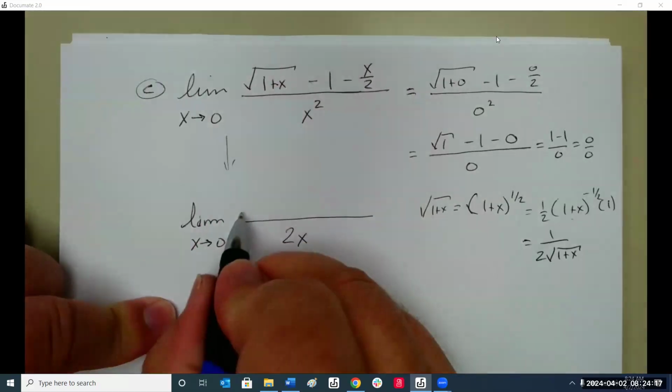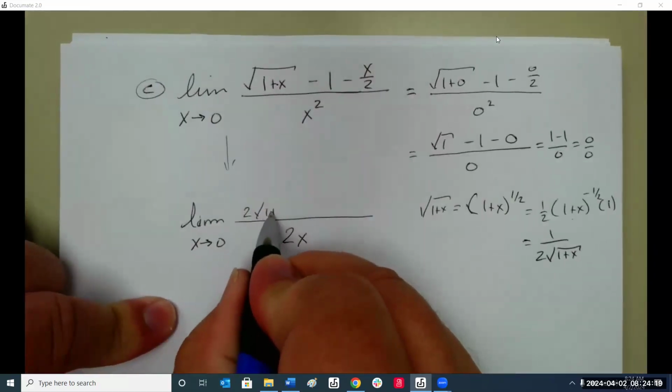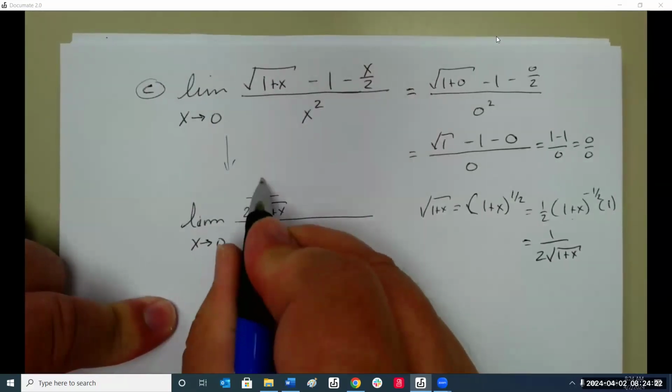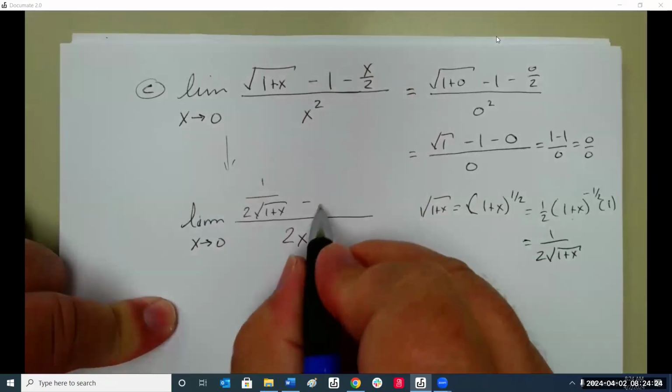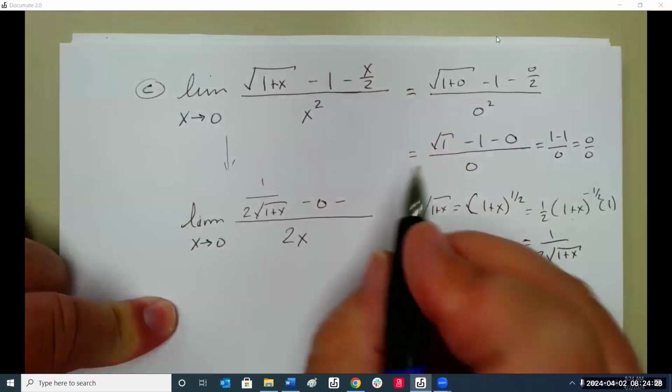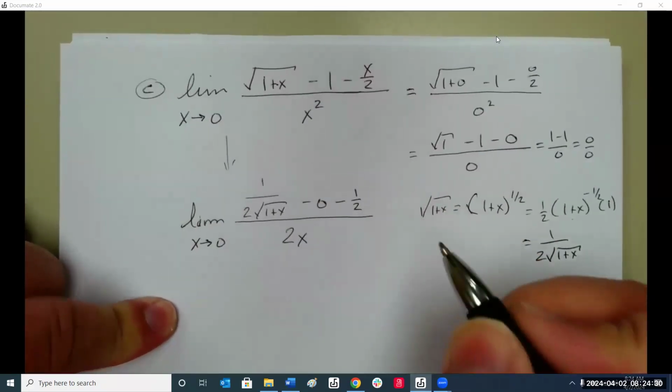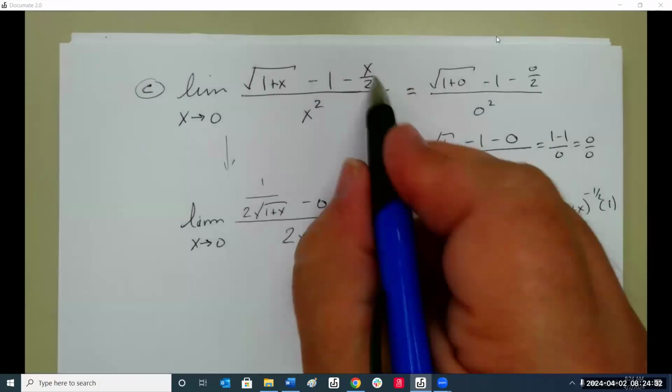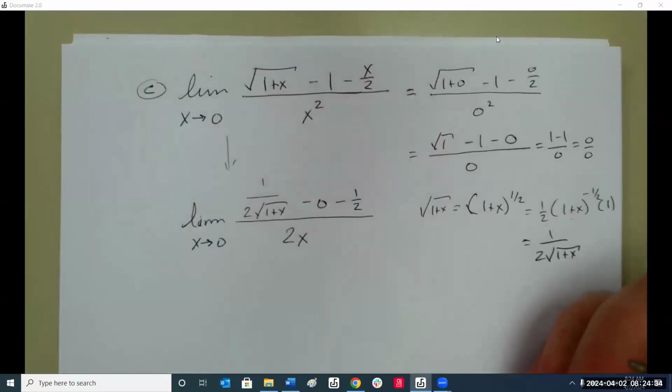So the derivative of this: the derivative of 1 is 0. The derivative of x over 2 is 1 over 2, because the derivative of x is 1.